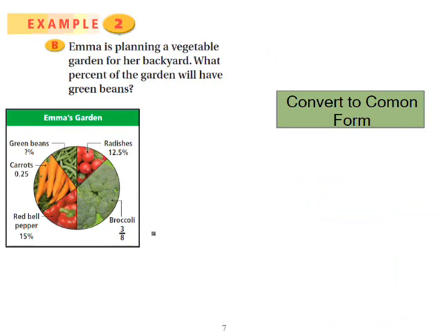The second word problem in example 2 is basically the same type of problem. We need to convert all of these quantities into the same form.